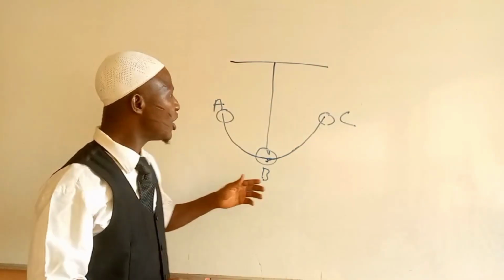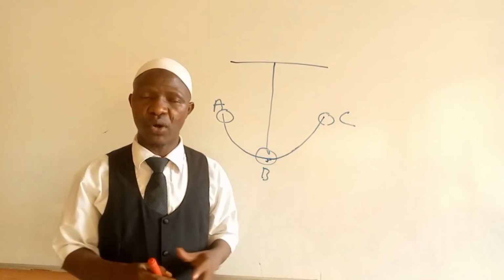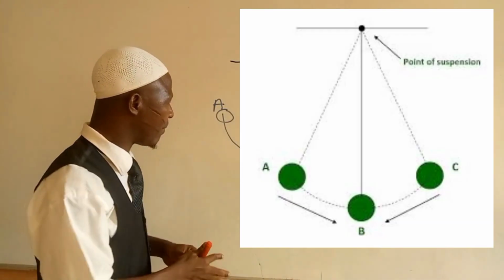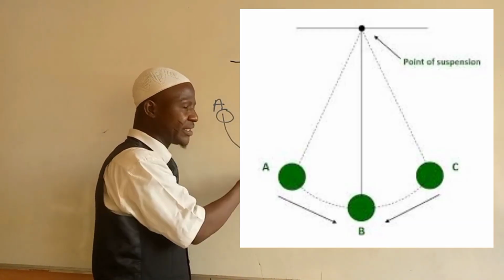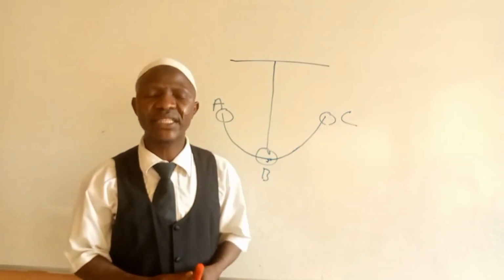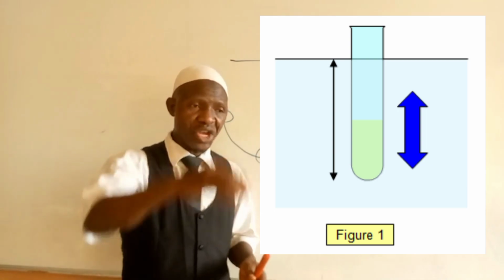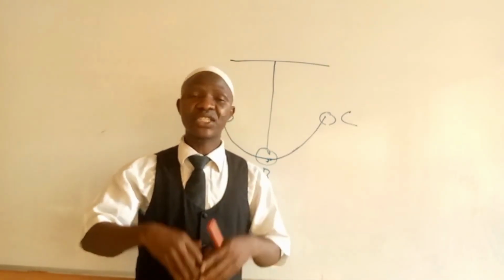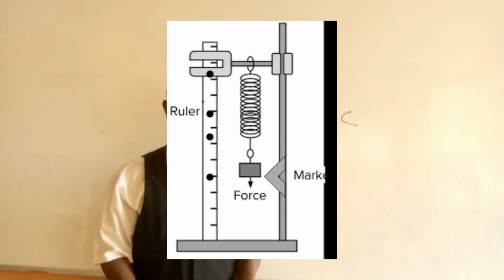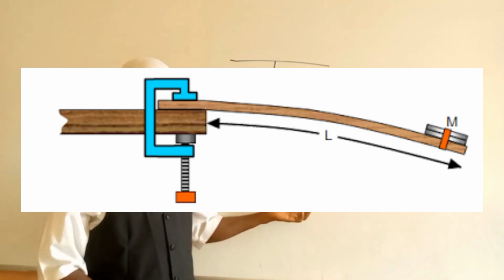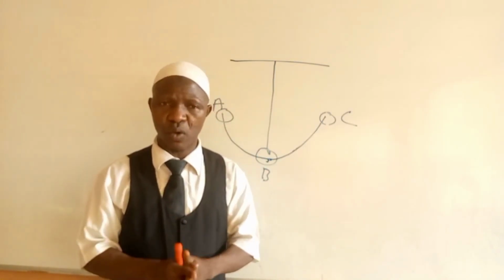Then we now have different forms of this type of simple harmonic motion. We can use a simple pendulum bob like this to perform simple harmonic motion. We can use a loaded test tube in water so that it will be going up and down. We can still use a loaded spring as well. We can use a cantilever to perform simple harmonic motion.